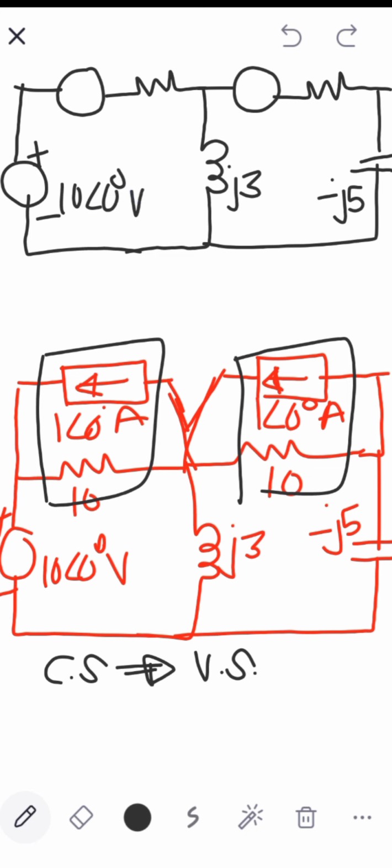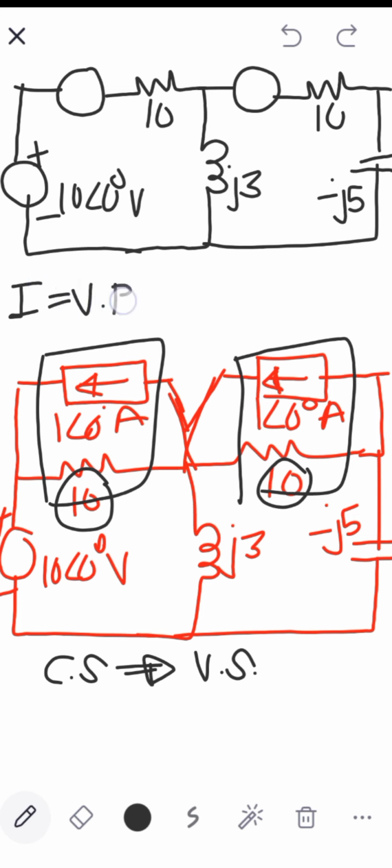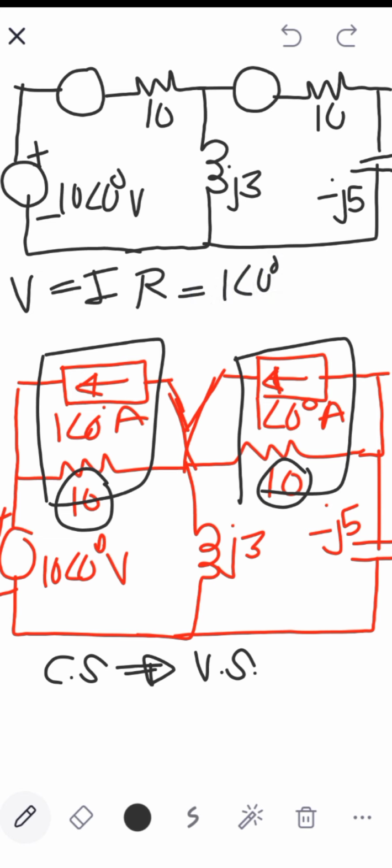Now for the conversion, 10 ohm as it is, 10 ohm as it is. What is the equation for current? Voltage is current into resistance, V equals I into R. I is 1 at an angle 0 degree into the 10.